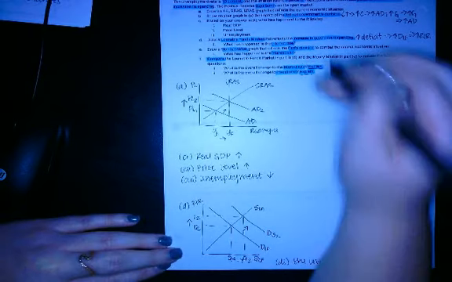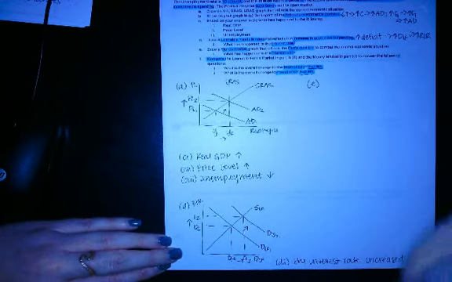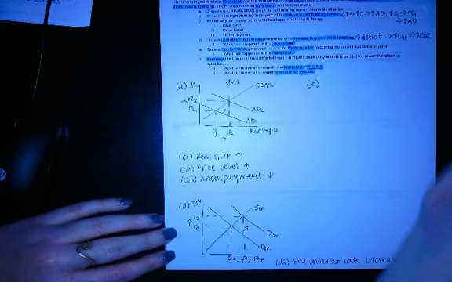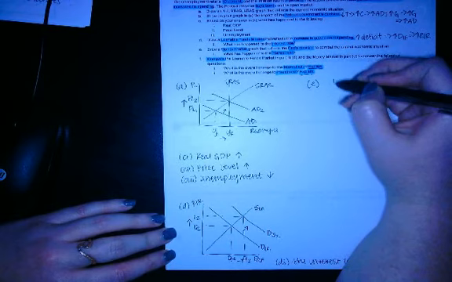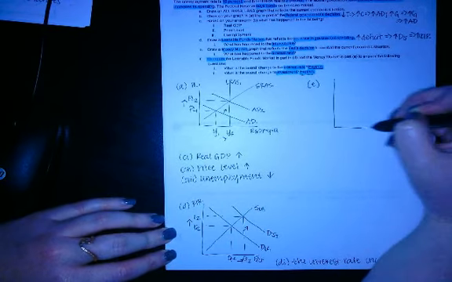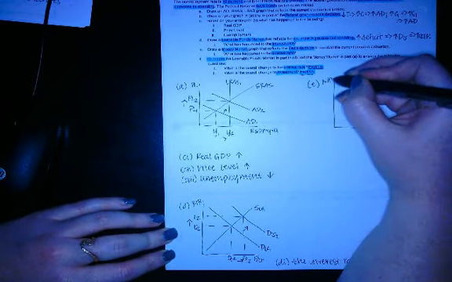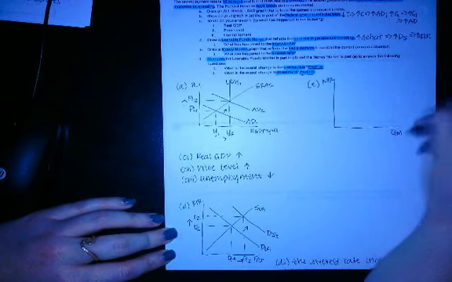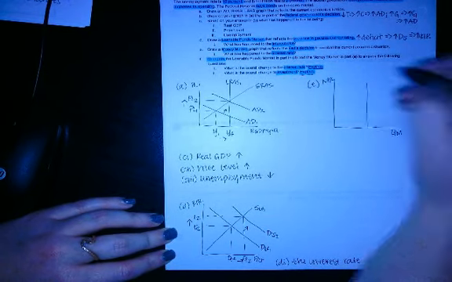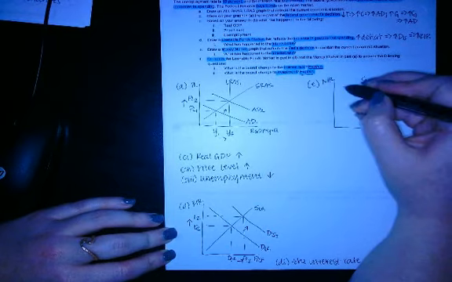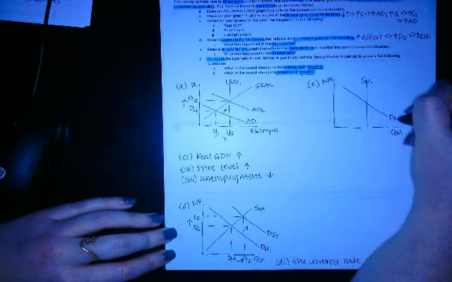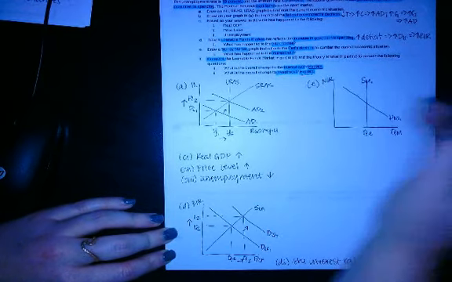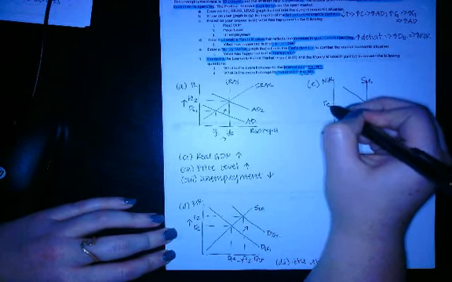We'll move on to E. Draw a money market graph that reflects the Fed's decision to combat the current economic situation. So our money market graph has our nominal interest rate, and then quantity of money, our supply of money, and then our demand of money. Label this QE, and then RE.